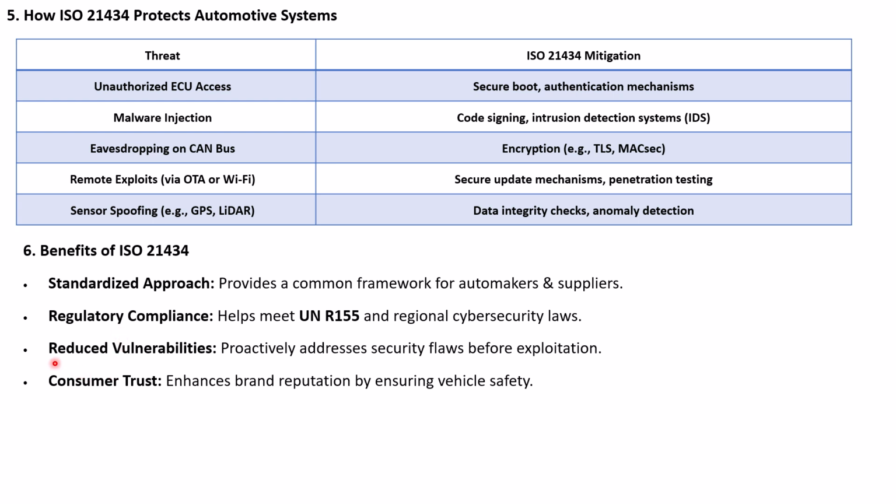Next is reduced vulnerability. Naturally, once you implement ISO 21434, it proactively addresses security flaws before exploitation. And next comes consumer trust. It enhances brand reputation by ensuring vehicle safety. Nowadays, when every failure is published so rampantly on social media, gaining consumer trust is very important.